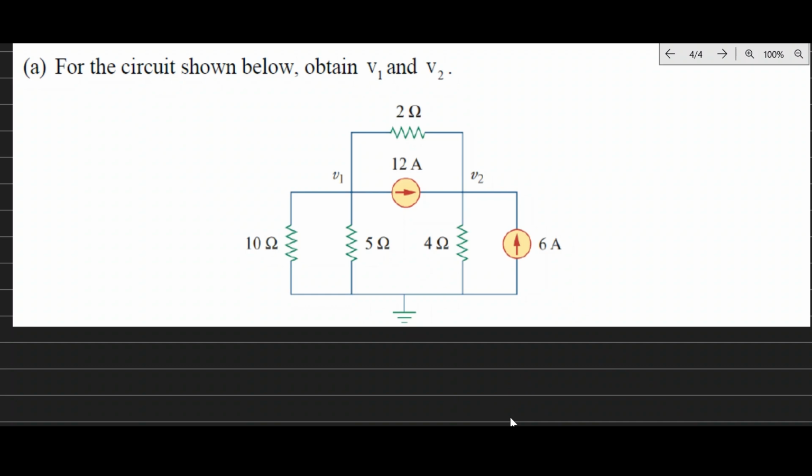In this video, I'm going to use nodal analysis. Before you even start solving, what is it about? You are trying to find the node voltages, the voltages at the nodes. Remember, in simpler terms, a node is a point where branches are connected.